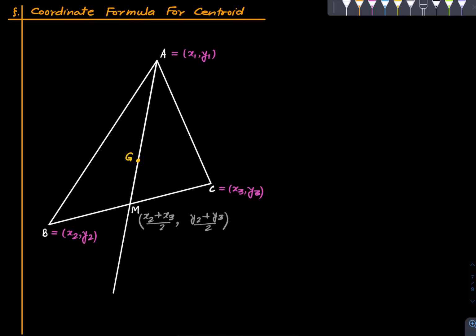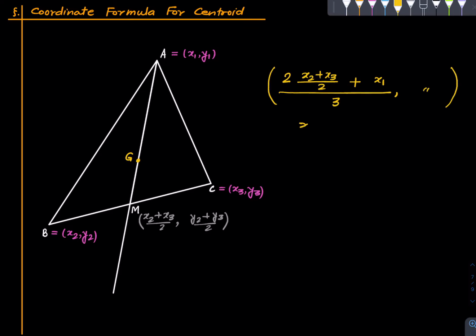All right, and now we have the point G dividing AM in the ratio 2:1. So by the section formula, the coordinates of the centroid are (2 times (x2 plus x3) by 2, plus 1 times x1), divided by 2 plus 1, which is 3. And similarly for the y coordinate.